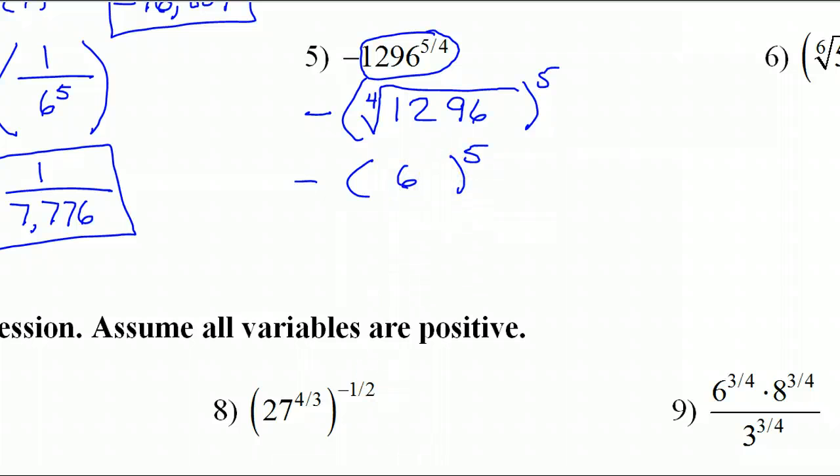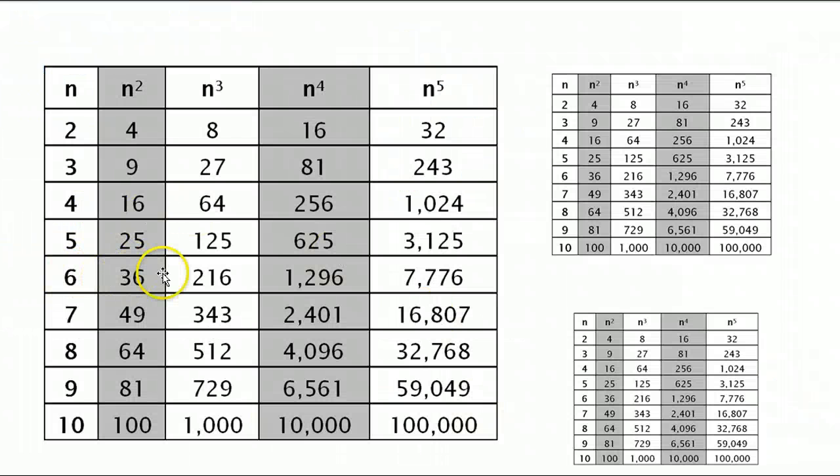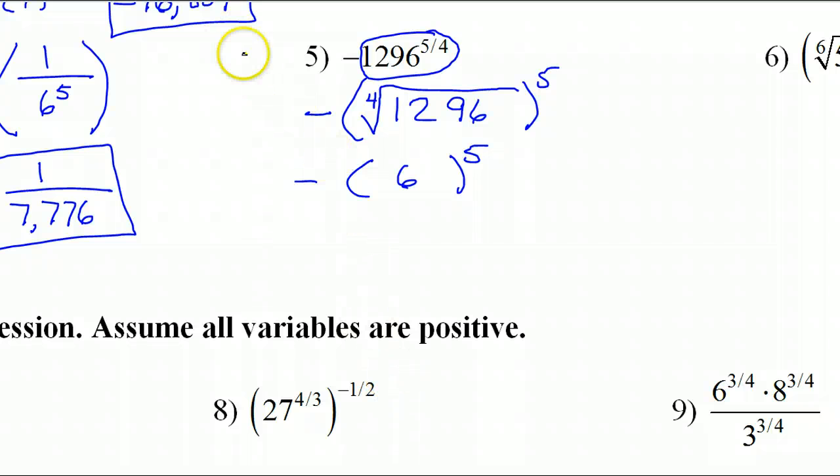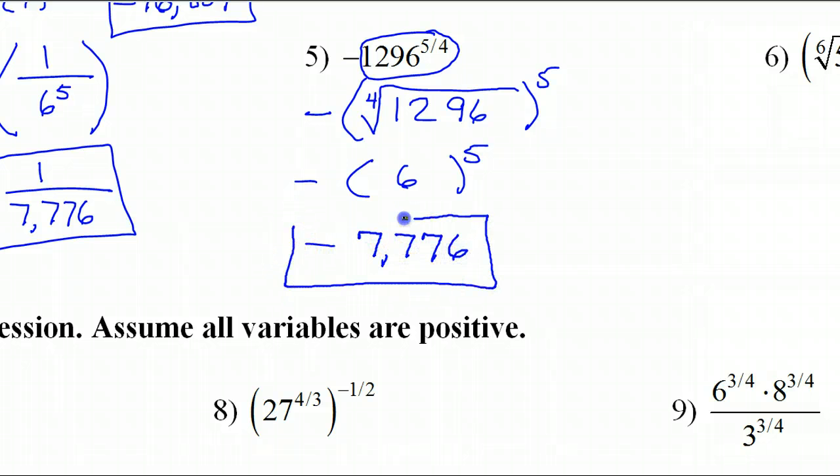So 6 to the 5th power, oh, didn't we just see this? Again, 7,776. So your final answer will simply be negative 7,776. Kabammy. Whammy kabammy.